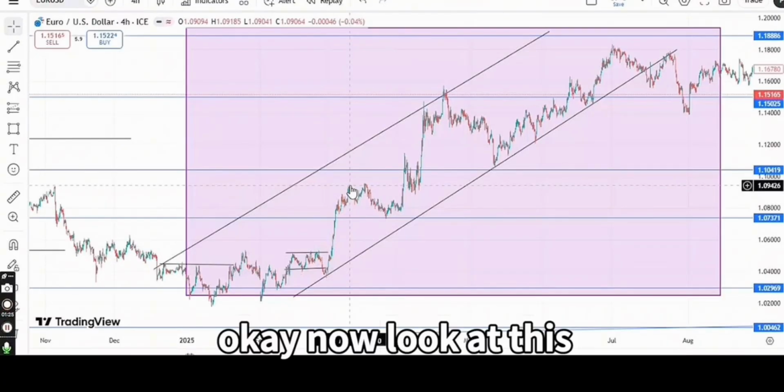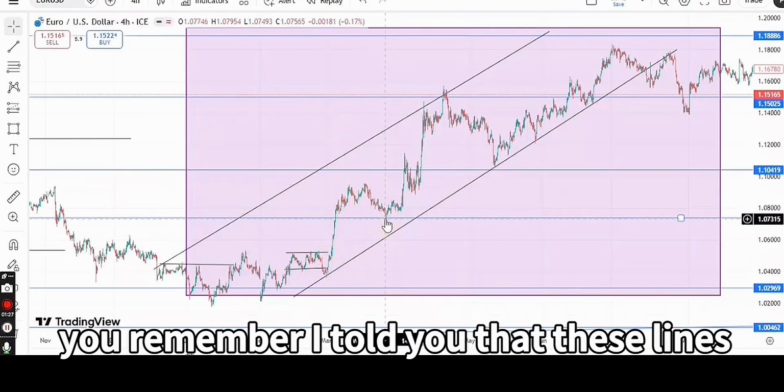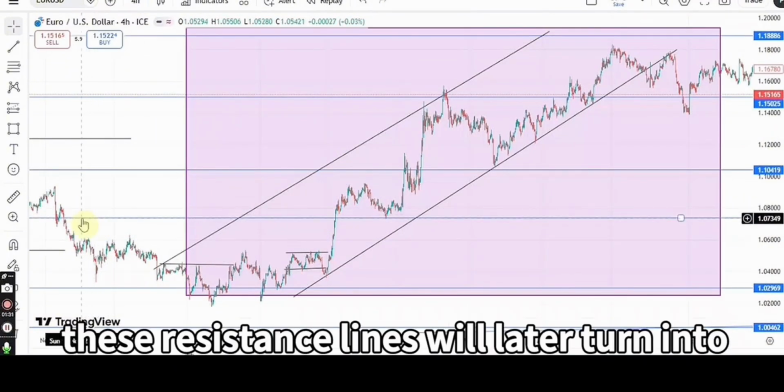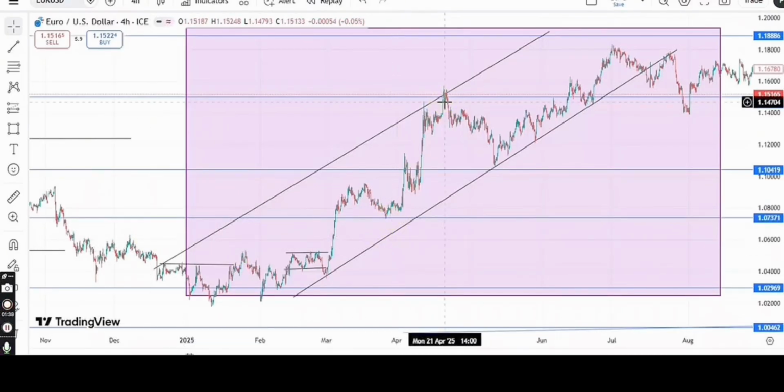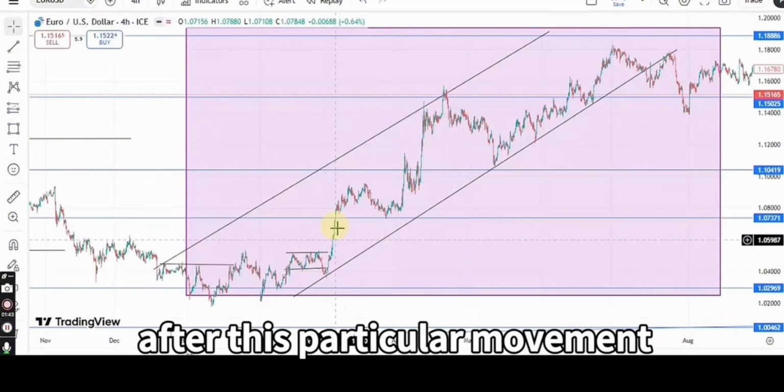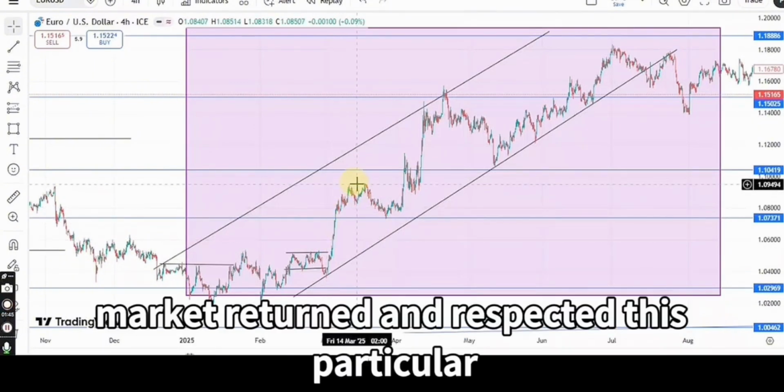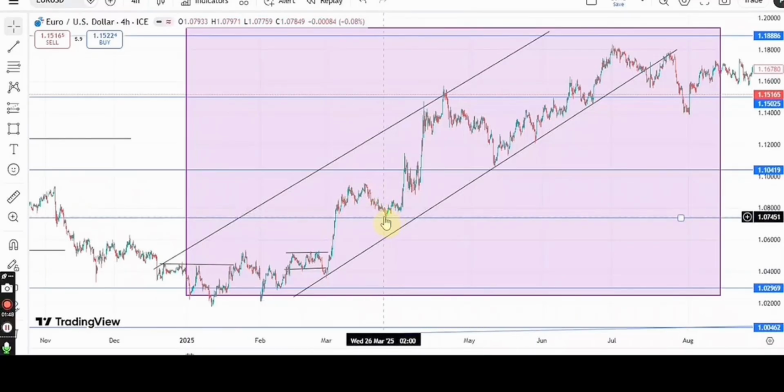Now look at this. You remember I told you that these resistance lines will later turn into support zones for the market to push up. Now what happened? After this particular movement, the market returned and respected this particular zone.